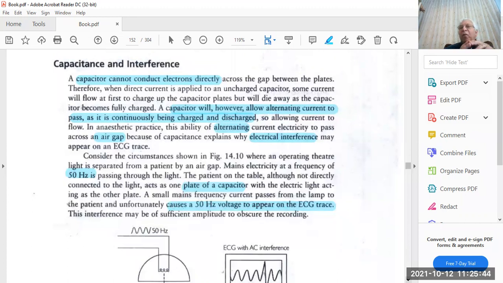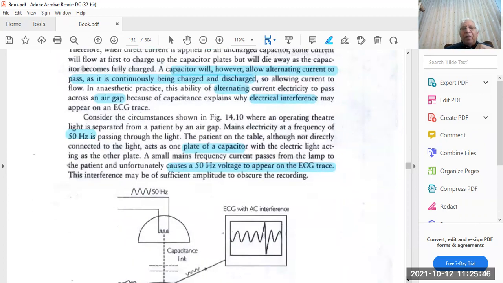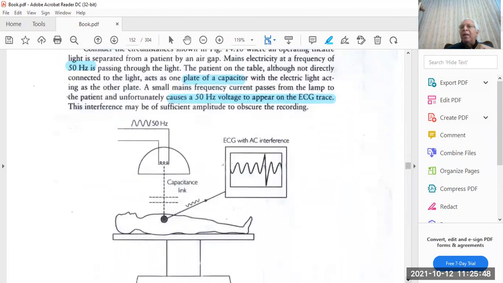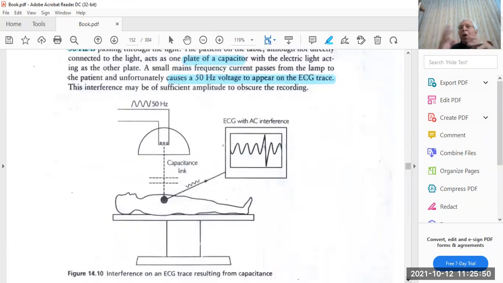Capacitor interference, of course, as we can see from this figure: why do we have interference on most ECG monitors? Because we can represent the bulb lamp as one part of a capacitor, and the patient as another part of the capacitor, and in between, the air is the insulator, so we have created a capacitor.